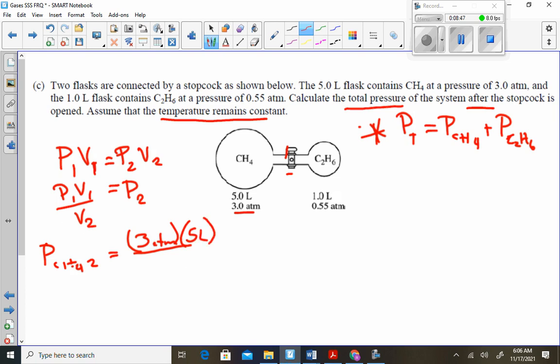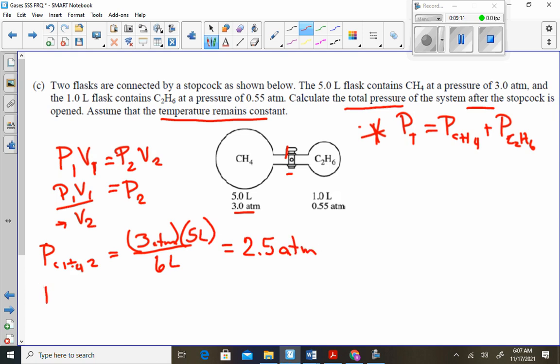Our new volume is after the stopcock's open, and we have 5 liters plus 1 liter for a total of 6 liters as our new volume. And so the pressure of our CH4 is 2.5 atmospheres.